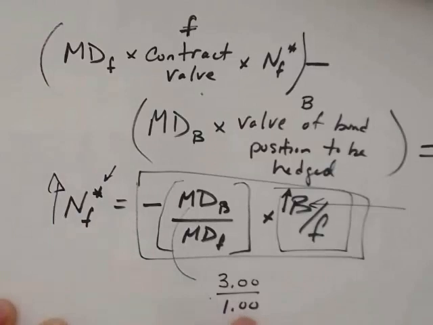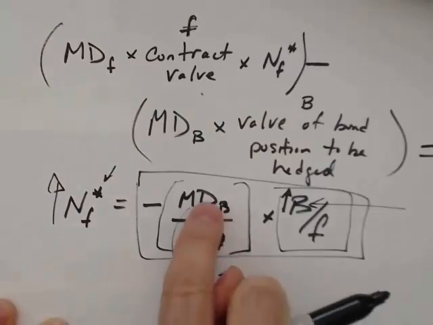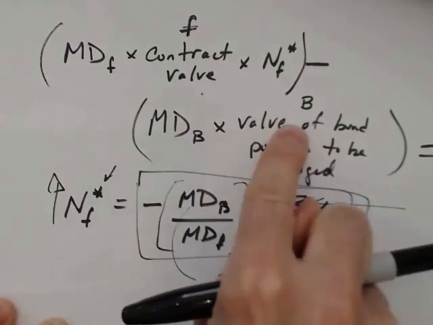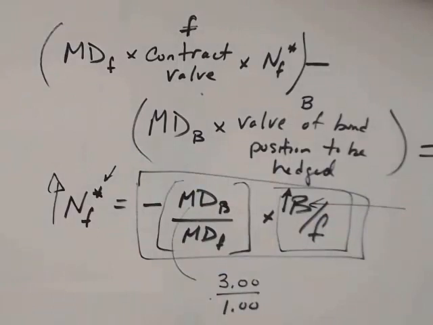You need 3 times as many futures contracts to be able to absorb and offset the risk associated with your bond portfolio up here. So the formula is rather intuitive.